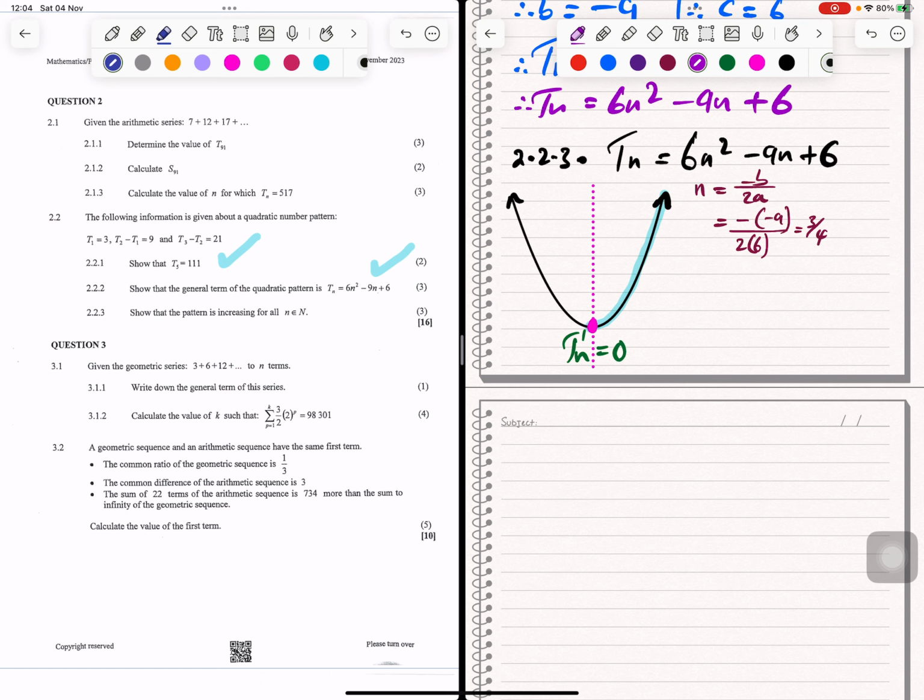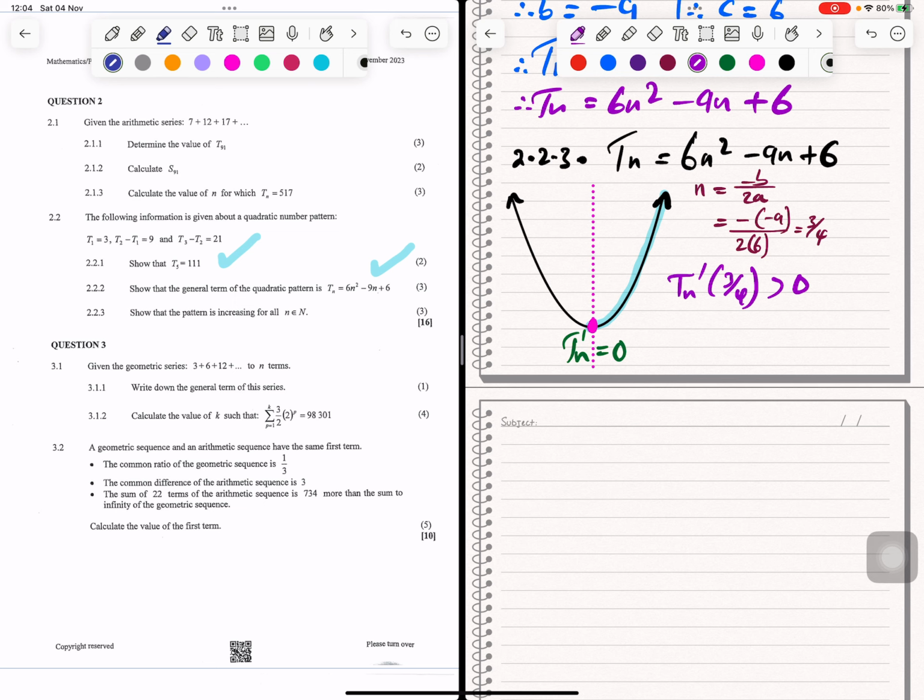If we say something is increasing in calculus, we are basically saying that the first derivative of that particular value of n, which in this case is 3 over 4, has to be positive.